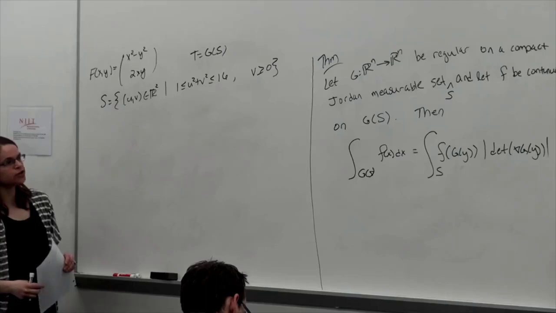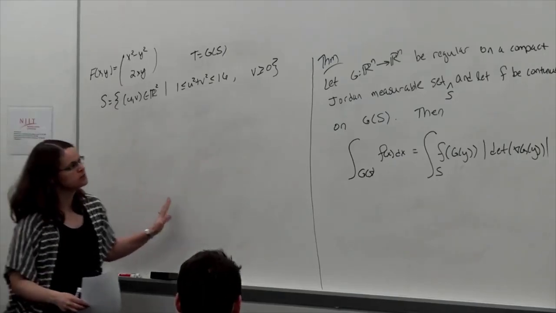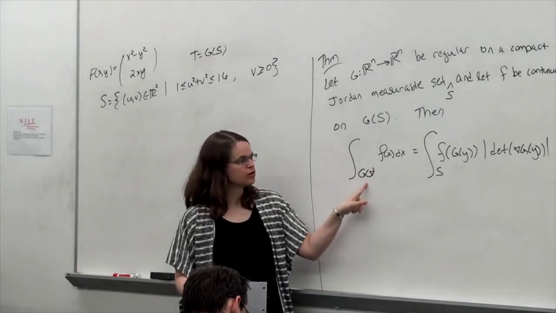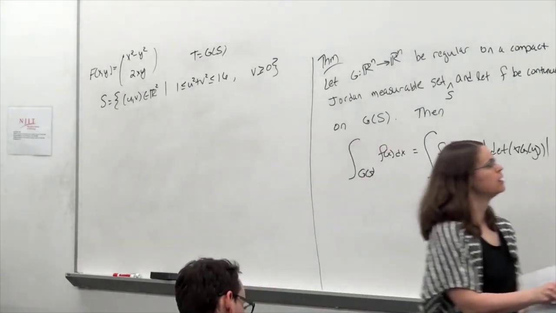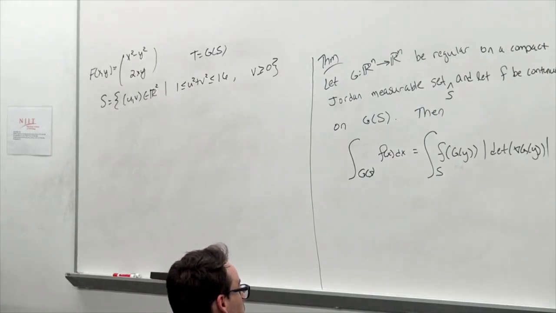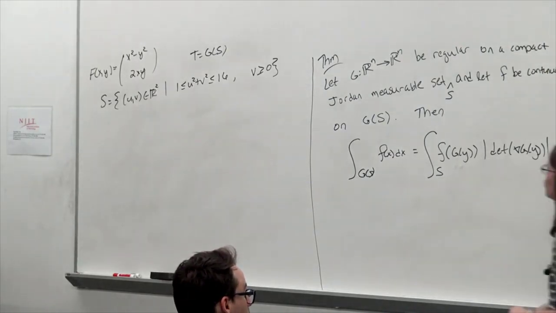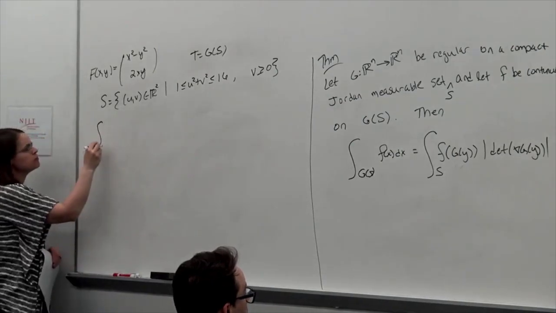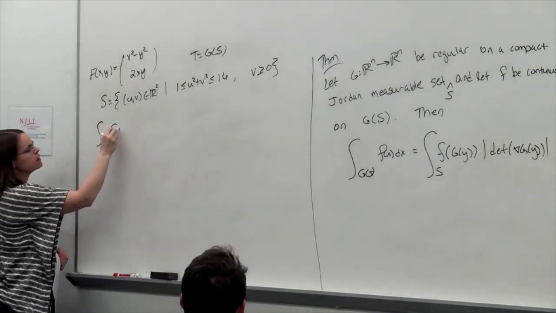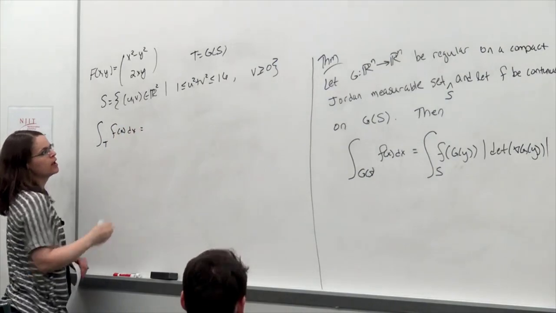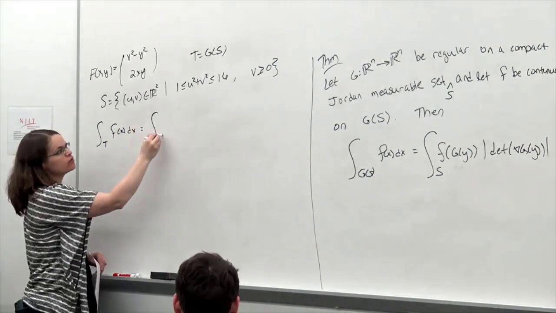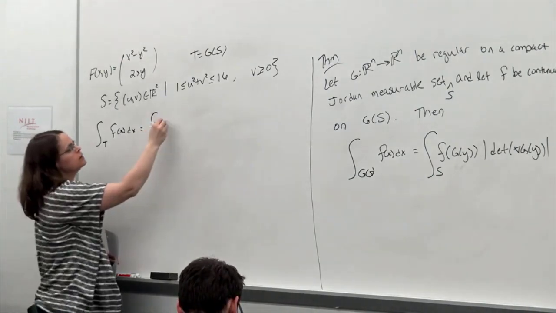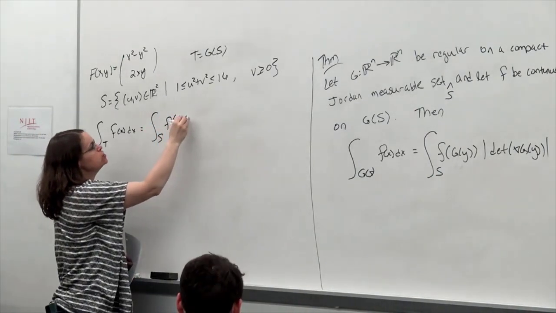So the integral we want to do, we've got the integral we want to do in this form, integral over t is what we want, and t is the image of s under g, so that's good. And now this is going to be the integral over this new set s, f of g of u v.